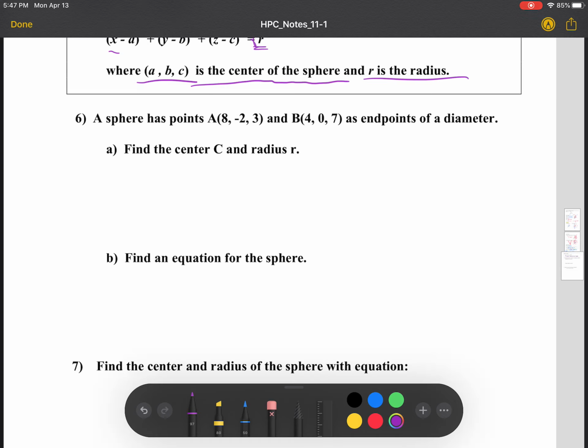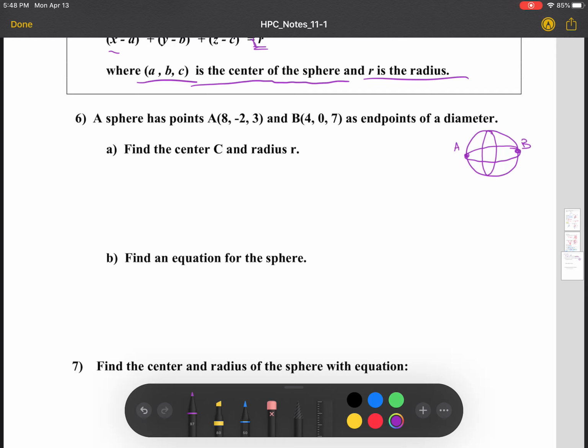Number 6. A sphere has points A (8, negative 2, 3) and B (4, 0, 7) as endpoints of the diameter. Okay, hopefully we know what the diameter is. That's the line that cuts the circle in half. So if you think about it here, you kind of have a sphere looking thing like that.